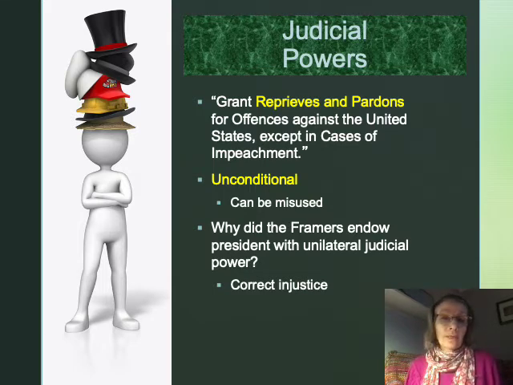When the courts sentence people, those could be unjust sentences. In fact, a lot of times we have sentencing laws that guide the hands of judges in terms of the sentences that they give. Well, those can all be unjust laws or unjust sentences. And so this gives the president the power to correct those injustices. An early example of that is the Alien and Sedition Act that was passed in 1798.